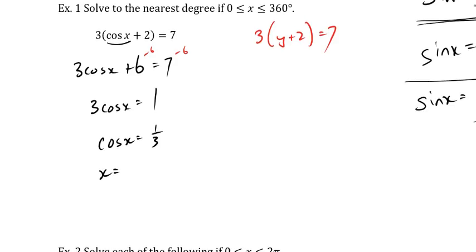I don't remember how to do that. Mode, degrees. There we go. Shift, cos. And it says to the nearest degree, so that is 70.5 or 71. I'm going to keep a decimal place for now, 70.52 or 53.